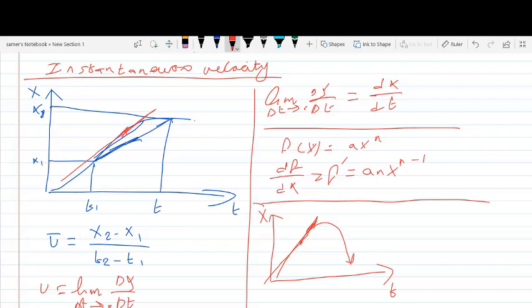For example, this slope is positive, so the velocity from point A to point B is positive, and at B exactly we can see that the tangent line is horizontal, so the slope of this tangent line is 0 and the velocity is 0. In this case the instantaneous velocity is 0, and after point B we can see that the slope is negative, so the velocity changes sign from positive here to negative here.